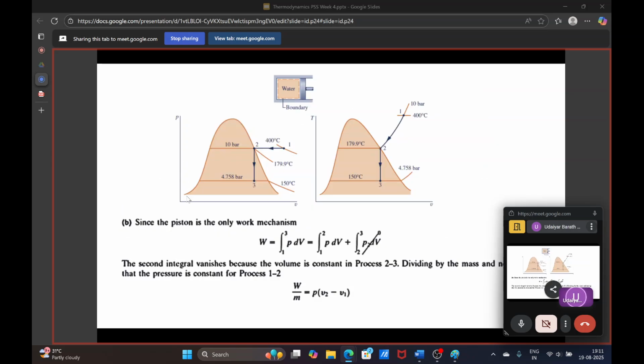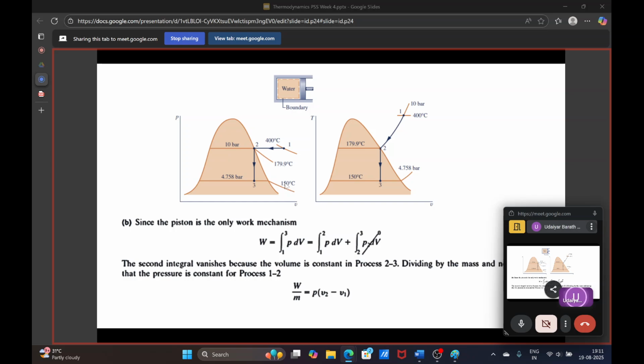So in the p-v diagram, the p-v dome, initially at a pressure of 10 bar and 400 degrees Celsius, it is at a superheated state, which is compressed at constant pressure, coming to state 2, which is saturated vapor, and then cooled to state 3 at 150 degrees Celsius.